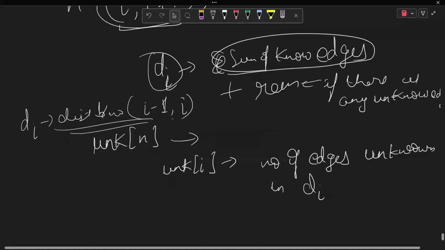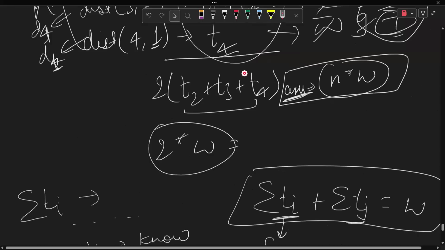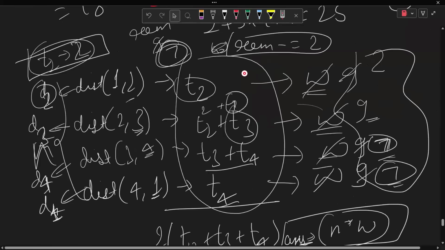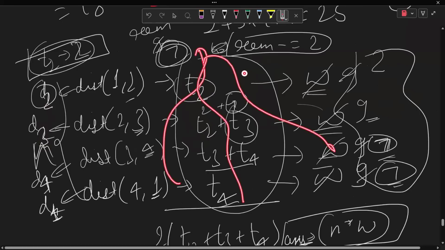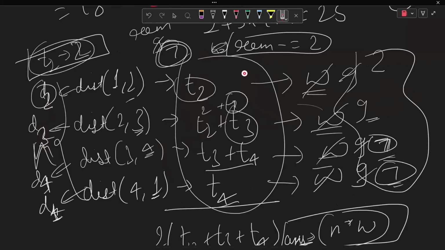For calculating the sum of the known edges, for updating the edges, one more thing that you can notice here is that T2 was falling in D3 and D2. This 2 was falling in two places. As I explained here, if you do the DFS traversal, every edge would be contained in two distances, one while traversing and one while backtracking.